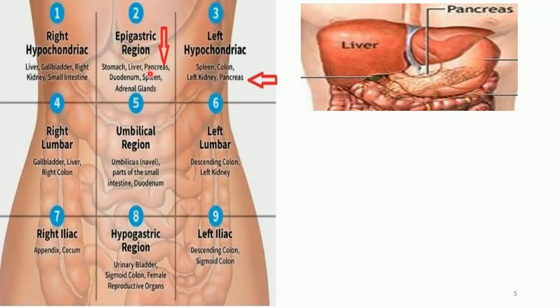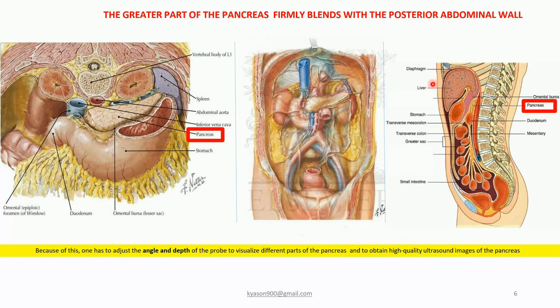So your pancreas is going to be lying within the epigastric region and the left hypochondriac, specifically behind the stomach. Or you can say specifically behind the omental bursa, because the omental bursa is that whole space behind the stomach. And we say it's lying oblique, close or attached to the posterior abdominal wall.